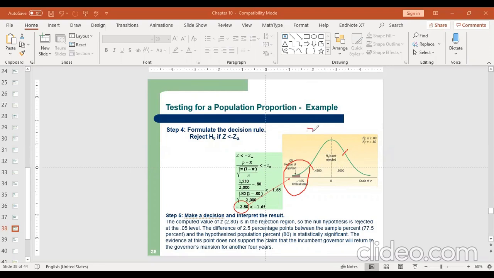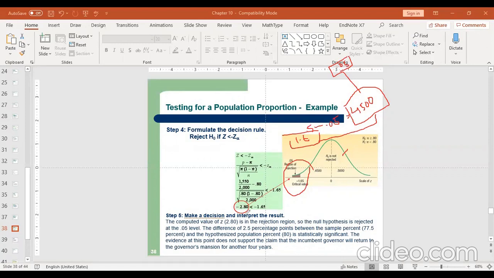So we subtract 0.5 minus 0.05, which is equal to 0.4500. And we will look for this value in the table and get the corresponding row value and column value. So this is how we check the Z critical value, which is minus 1.65. So 1.6 will be on the row and 0.05 will be on the column.